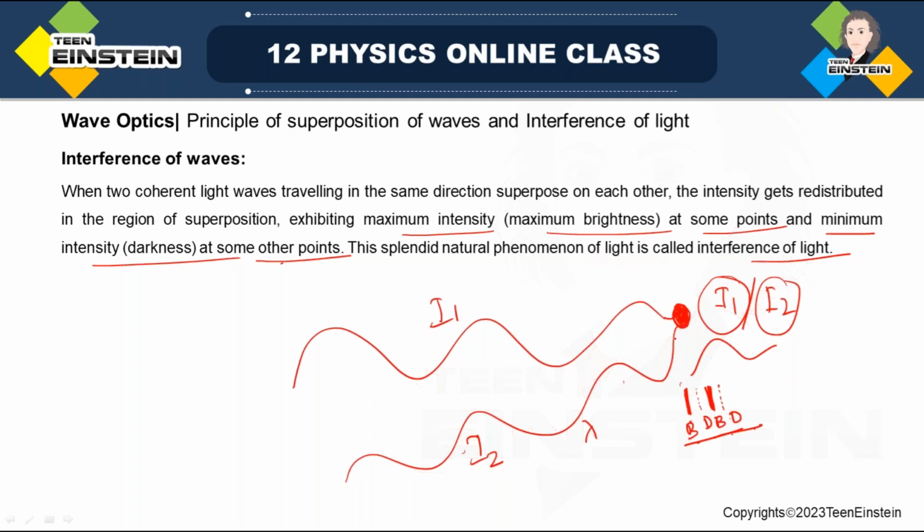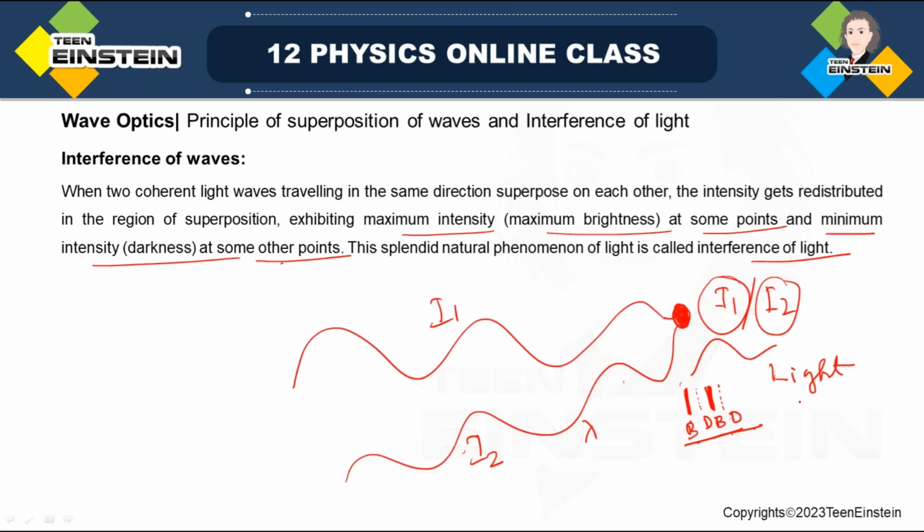But the main thing is that because of interference there will be a bright region and some places there will be a dark region. Bright region is fine, but how is it possible that two lights superposed on each other produce darkness? Light will show you something, but why will that make darkness?